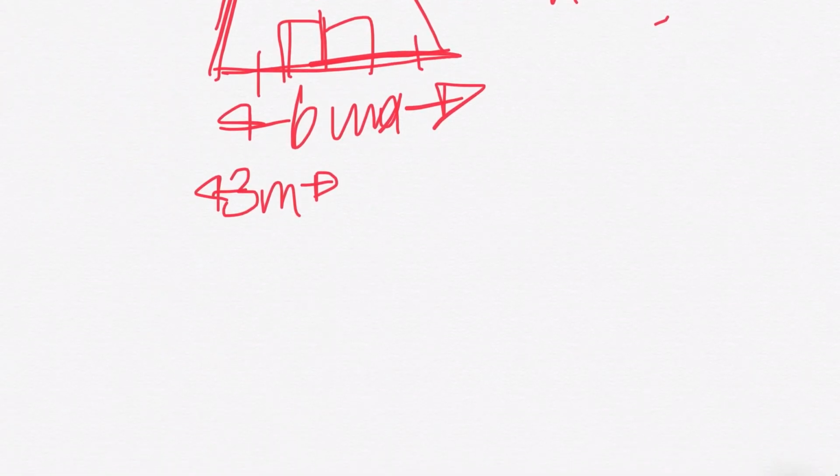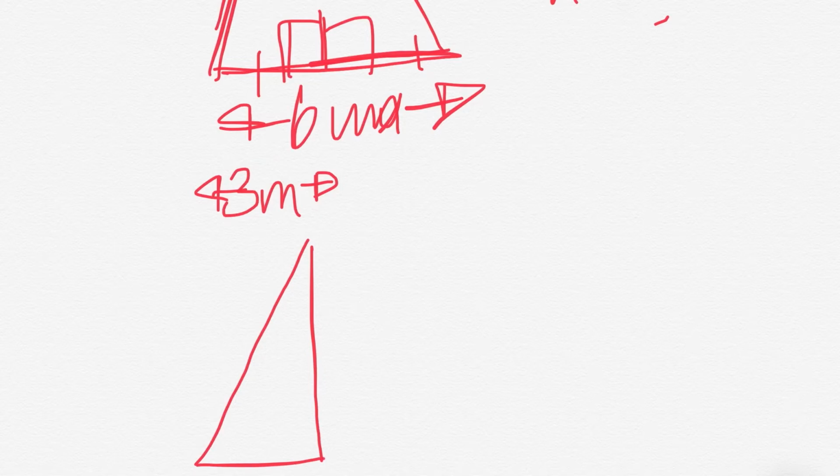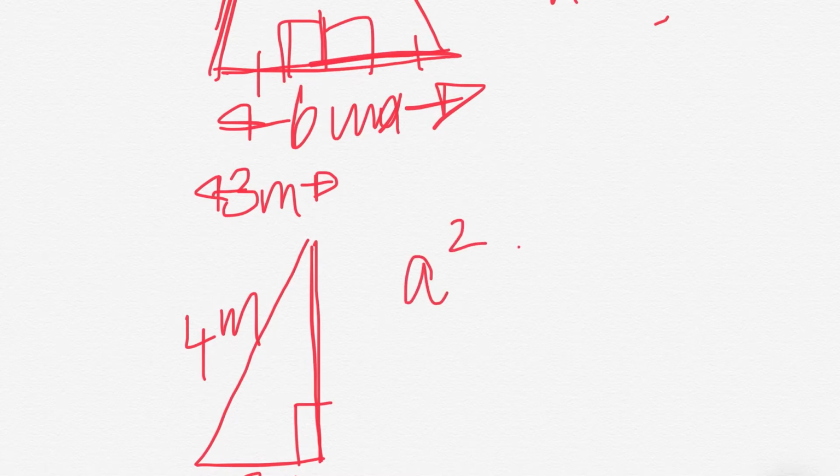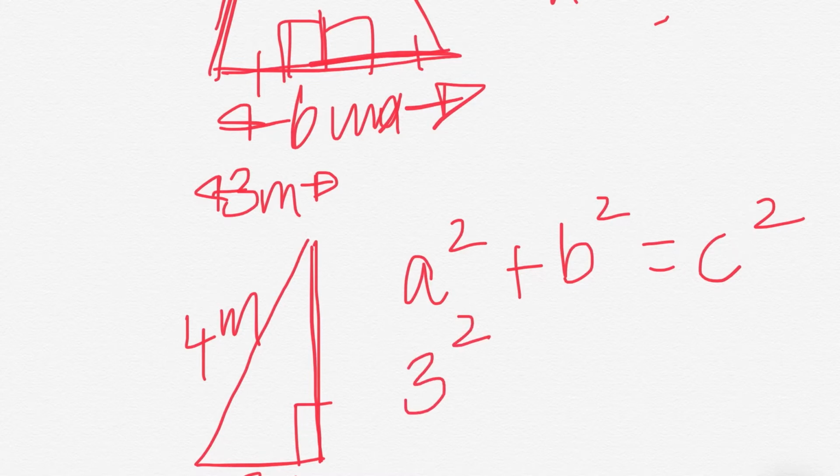We can now take the part of a triangle and with the help of the hypotenuse and one of the sides, we will try to find the height of it. So applying Pythagorean theorem, we have a square plus b square is equal to c square. We have been given one of the sides, which is 3 square.